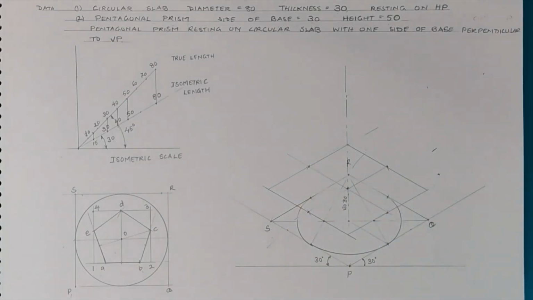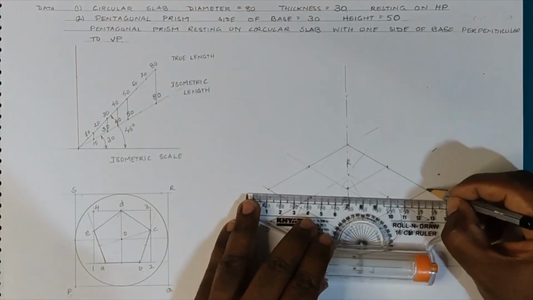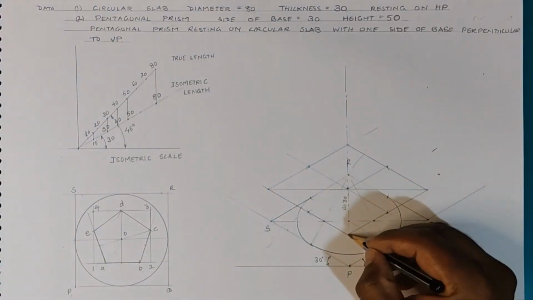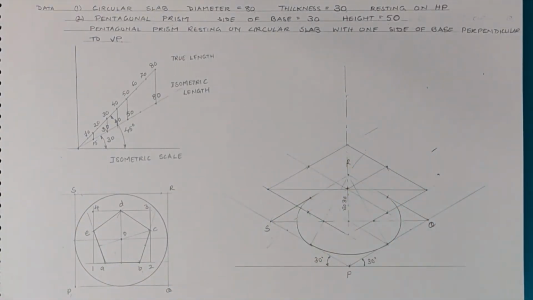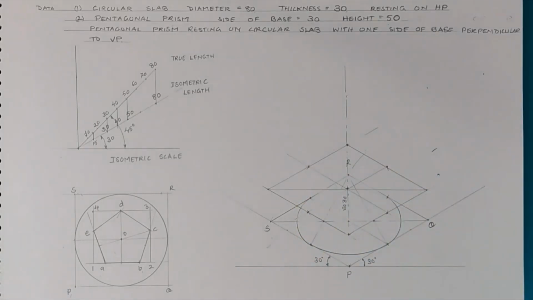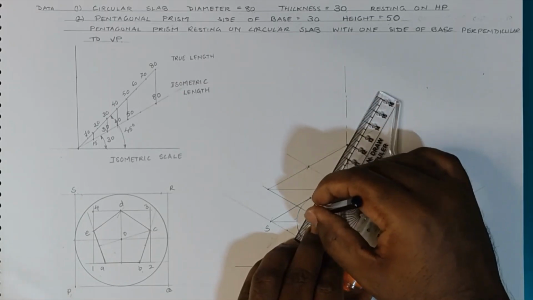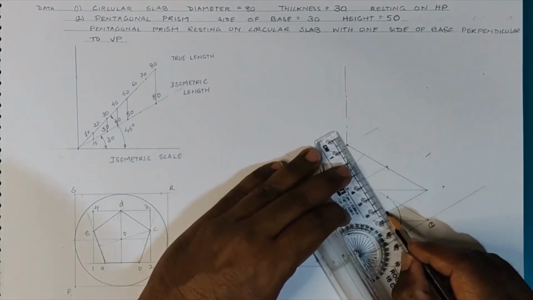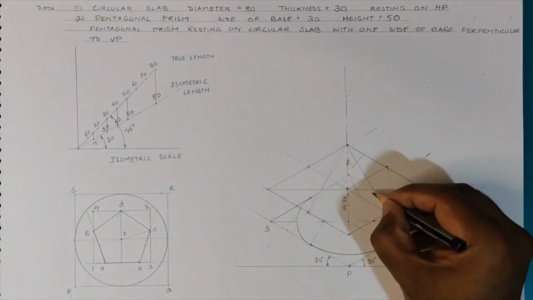Now again I will be using the 4 center method. I will be joining the acute angle corners with a diagonal, and through the obtuse angle I will be drawing lines which connect to the midpoints of the opposite side. The intersection of these lines with the diagonal I will be using for the 4 center method construction.